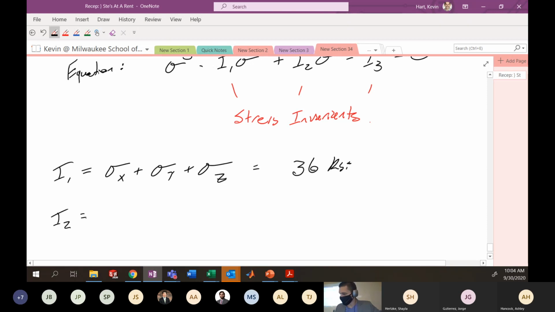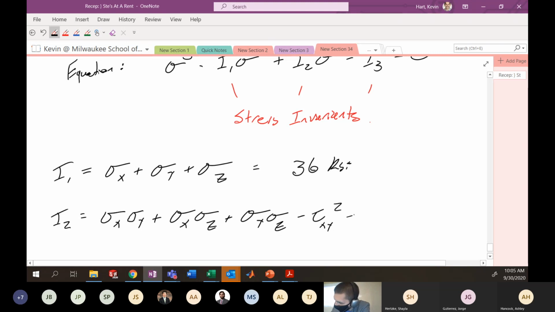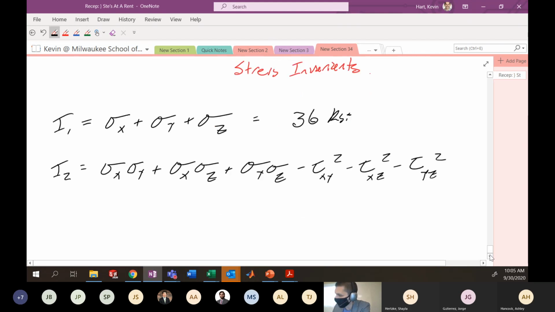Invariant number 2, as a reminder, is sigma x times sigma y plus sigma x times sigma z plus sigma y times sigma z minus the shear stresses squared: tau xy squared minus tau xz squared minus tau yz squared.